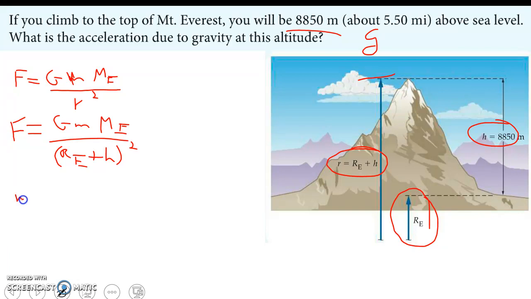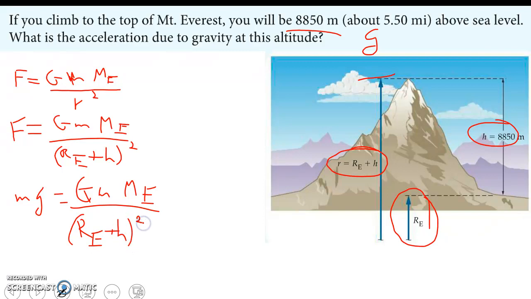So little mg is equal to G, little m, mass of the Earth, over the radius of the Earth plus our extra height of the mountain, squared. These little m's cancel. Now I just substitute. So I go big G. Mass of the Earth is a known number. I'm going to show you maybe a little bit how that can be derived.